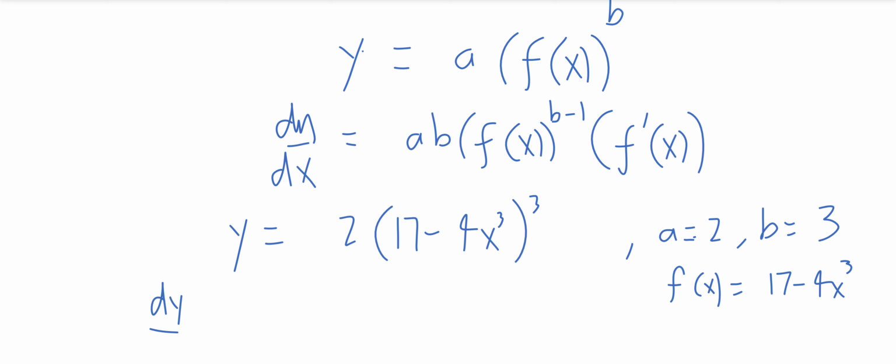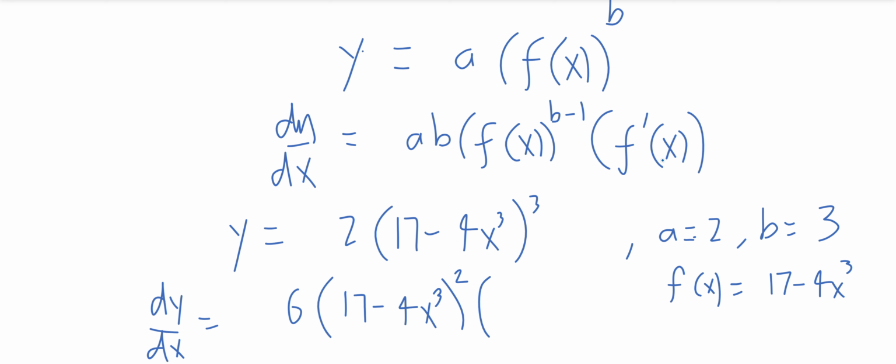So dy by dx equals ab, so that's 3 times 2, which is 6. f of x, 17 minus 4x cubed, to the power b minus 1, or 3 minus 1, which is 2.